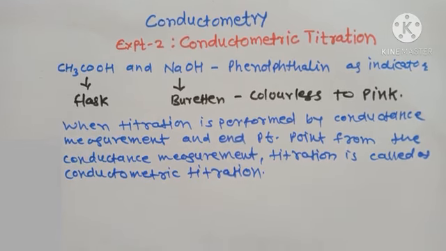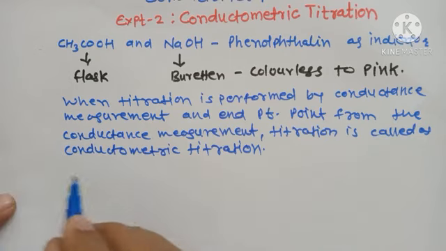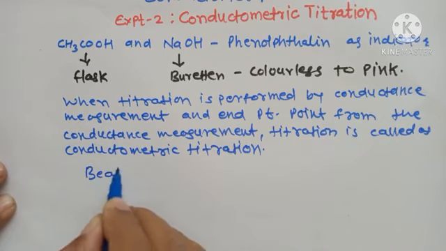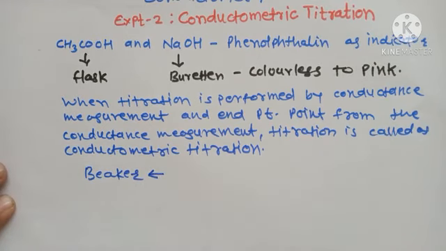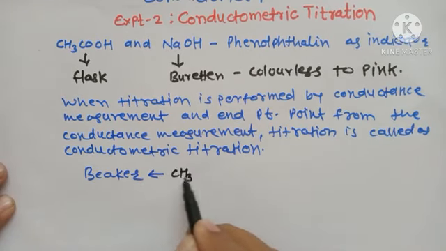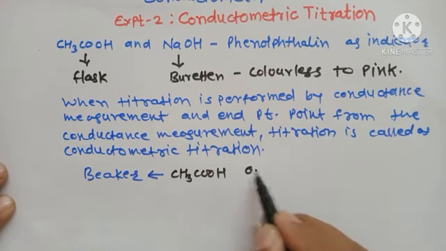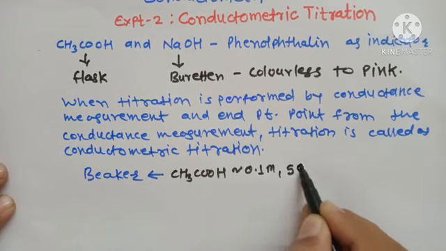Okay. Now the same example, we have acetic acid and NaOH. How can the titration be performed? Acetic acid is taken in a beaker, suppose approximately 0.1 molar and 50 ml.